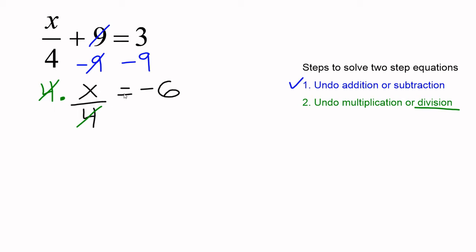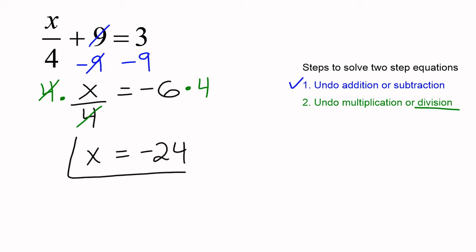If we do that on the left-hand side of the equal sign, I have to also do that on the right-hand side of the equal sign. So I'll be left with x is equal to negative 6 times 4, which gives me negative 24. And that'll be our answer. So we got both steps done there.